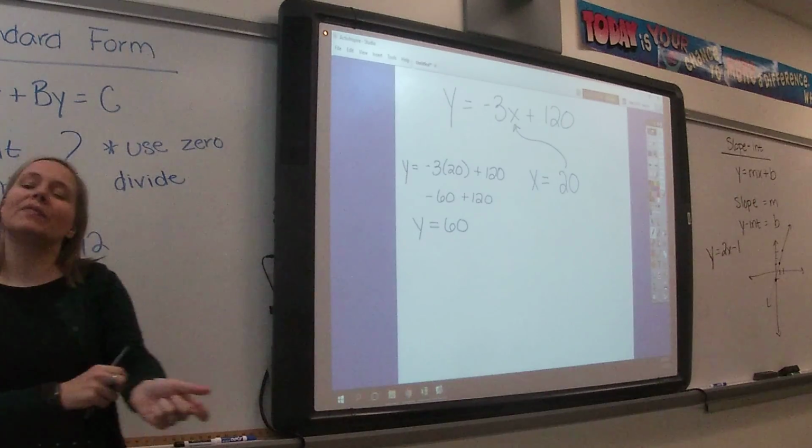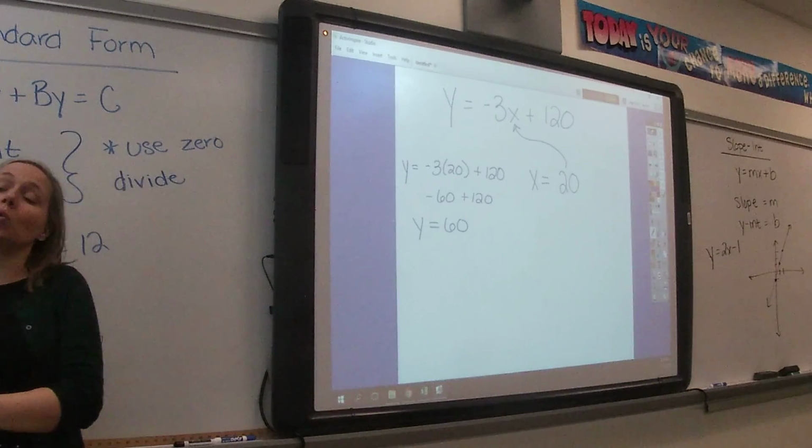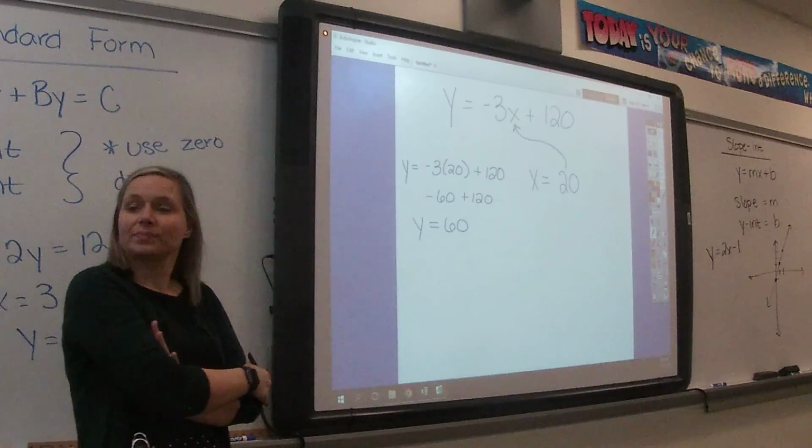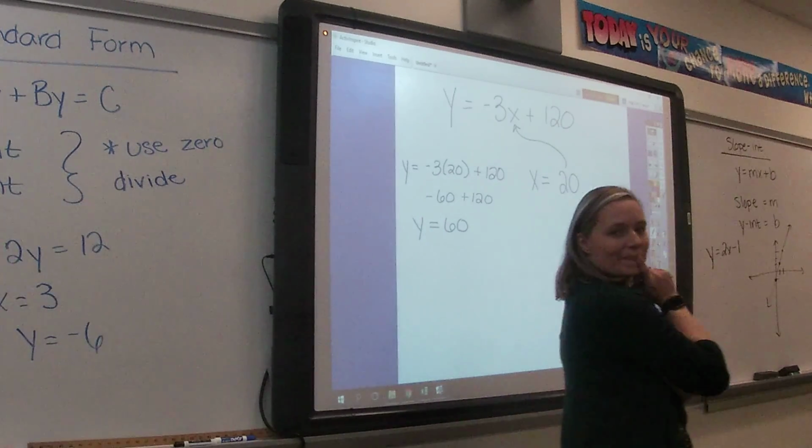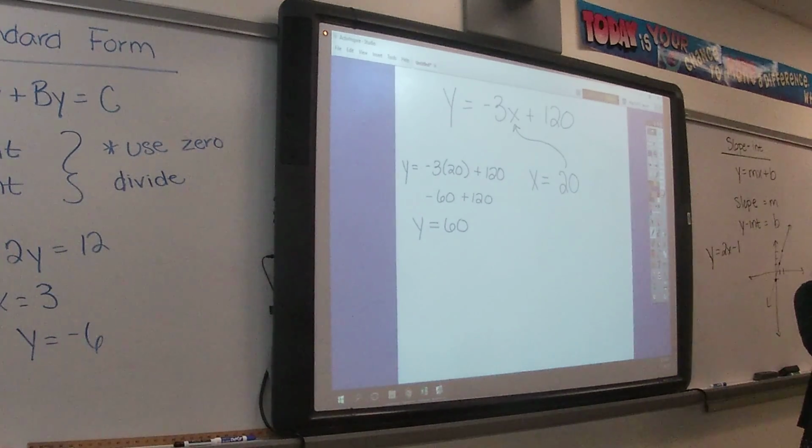Is that how many she'll have left, or is that how many she will have sold? What variable represents the number of cookies she has left? Y. So if she wants to know when she has 30 cookies left, is that an X variable or a Y variable? A Y.